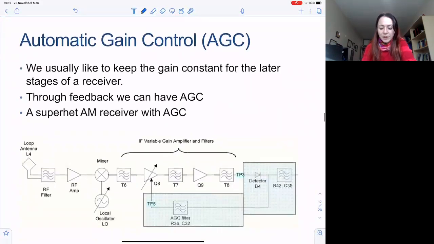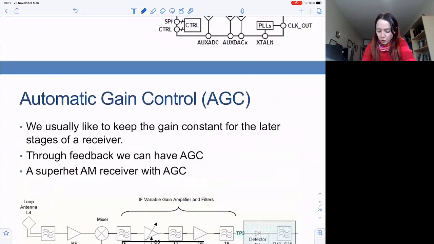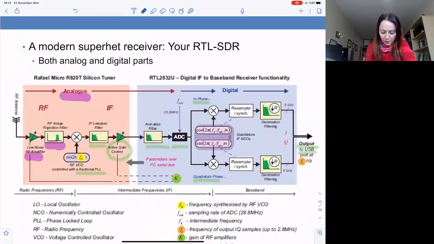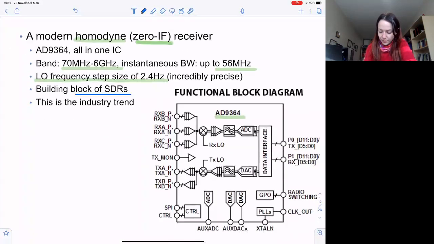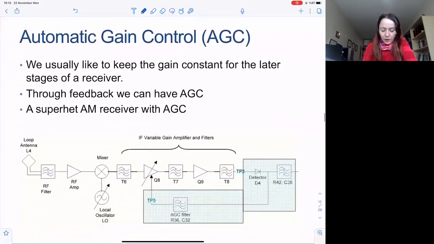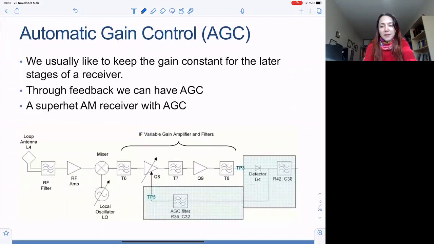Now, what is the automatic gain control that we saw here? Active gain control or automatic gain control. Of course, when the RF signal comes to you from the air, it's not at a constant amplitude. It keeps oscillating due to various issues and physical phenomena in the propagation environment.